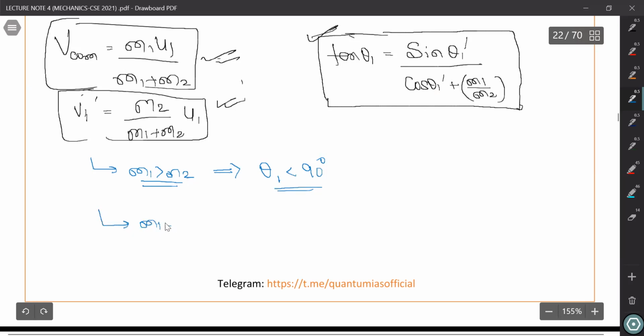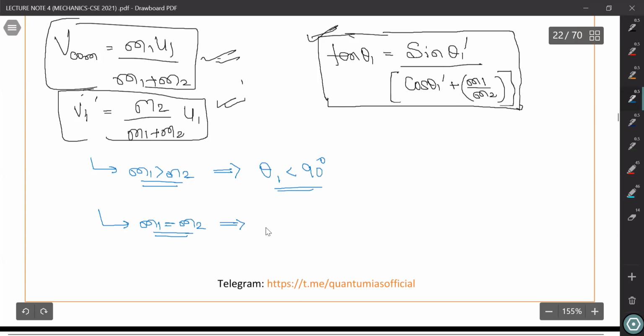You can simply see the result is basic trigonometry. If m1 equals m2, this will exactly become 1, right? And cos theta 1 dash can be equal to -1 also, so it can have any value, because we just have to see one thing: the denominator should not be 0, right? Basic of the function, so it will not become 0.